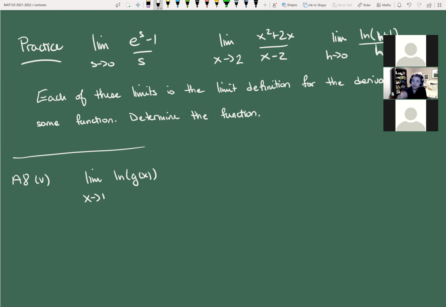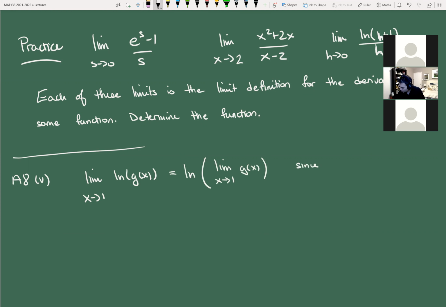But we were often limited in doing that because the outer function wasn't continuous, right? But you remember the other day, last week, when we were talking about if the outer function is continuous, I can take the limit inside. Exactly, exactly, right? Ln is continuous on its domain. So we can take the limit inside the ln, right?